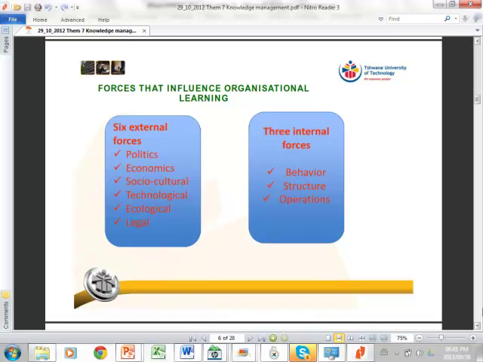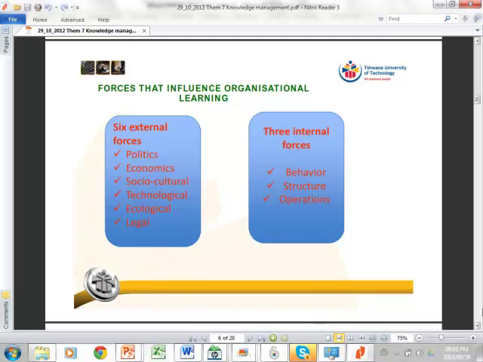But the lessons on the other functions will probably go missing. So that's what we mean when we say structure influences organizational learning. Does that make sense?